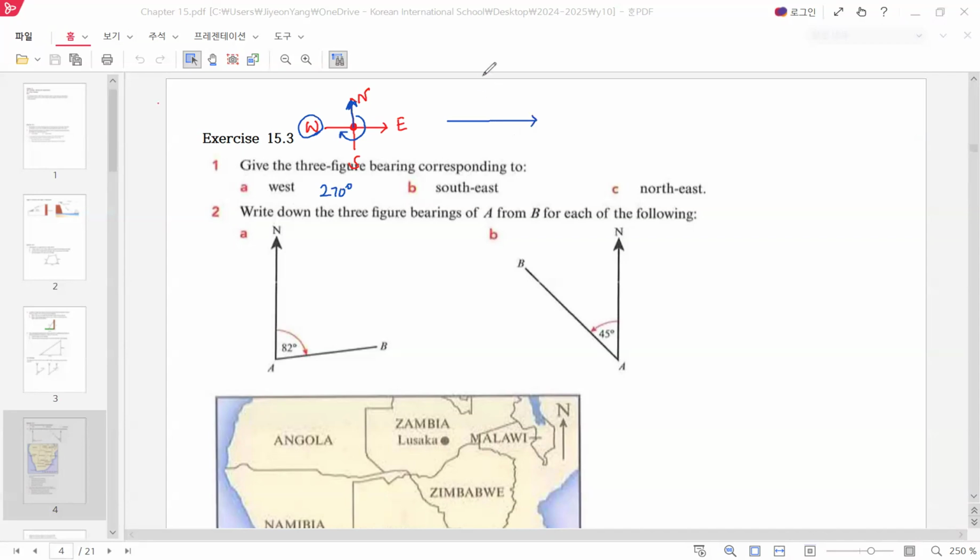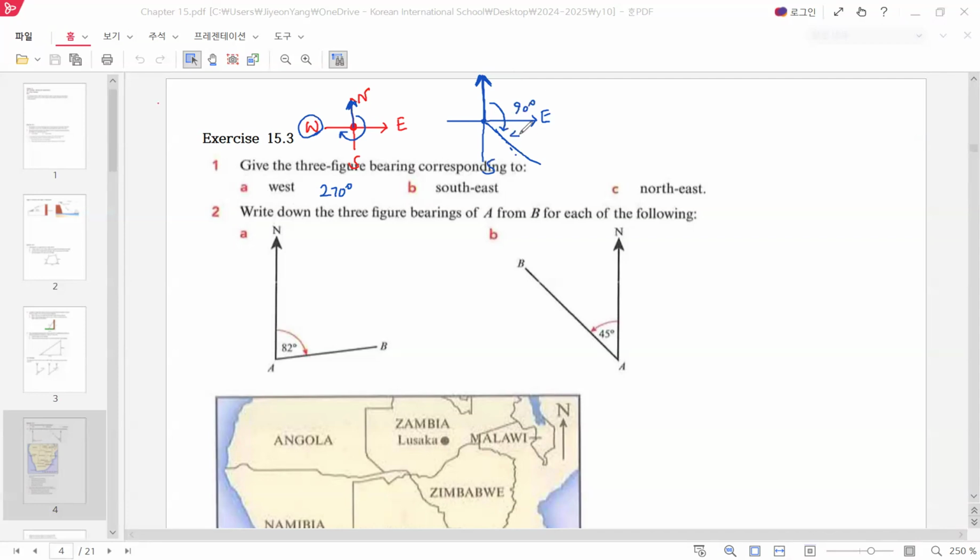Southeast is going to be in the middle of east and south. So from here, draw a circle clockwise. Then it's going to be 90 degrees to east.